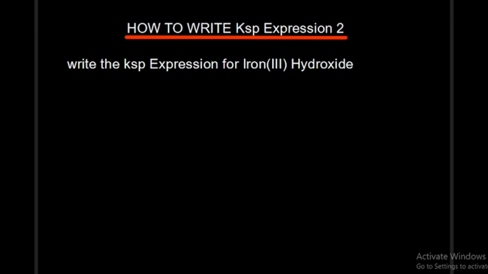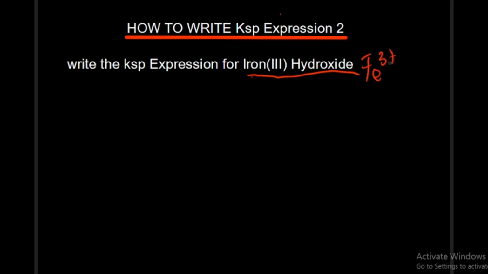They say write the Ksp expression for iron(III) hydroxide. Most students will not be able to write the chemical formula for this compound. Now, when you say iron(III), what does it mean? It means that iron has the 3+ ion. So it is Fe3+.